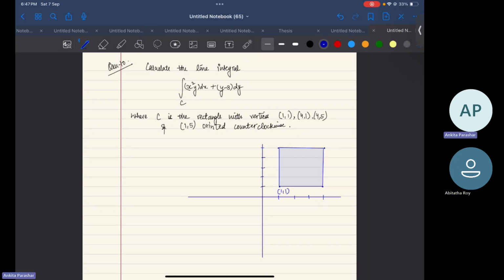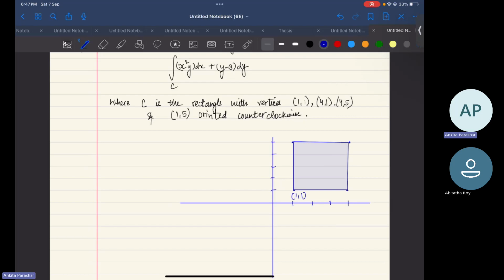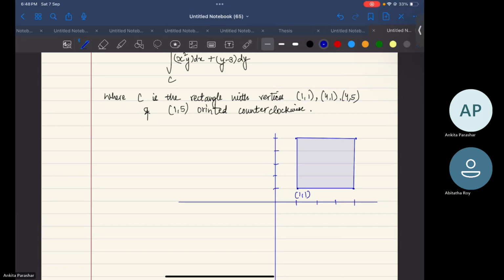Of course, you can go either way, but I'll just go by the region. Which type do you want to see this region as, type 1 or type 2? Type 2. By type 2 you mean x in terms of y?